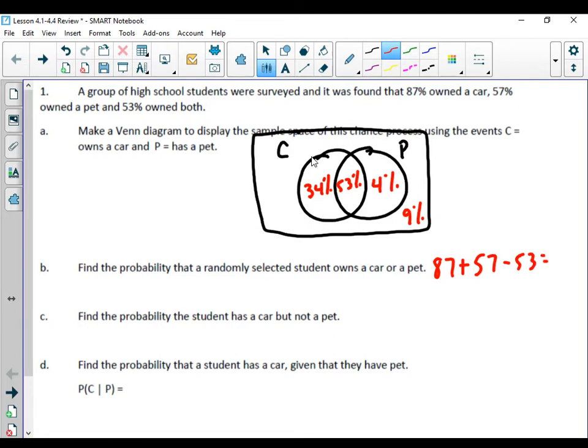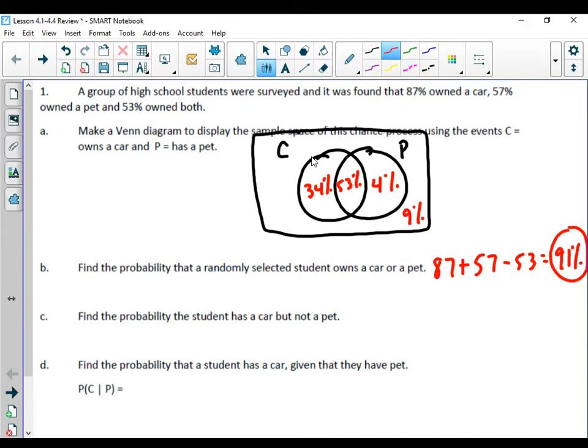So if I add the 87 and 57 and take out the 53, I get 91%, which matches what I had in all three of my areas inside the circles.